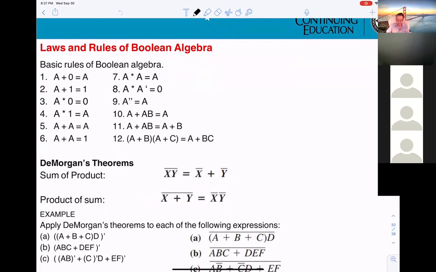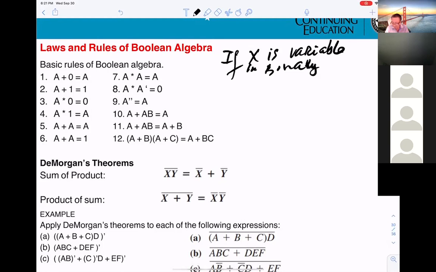In binary, if I have a variable, in binary, what does it equal?